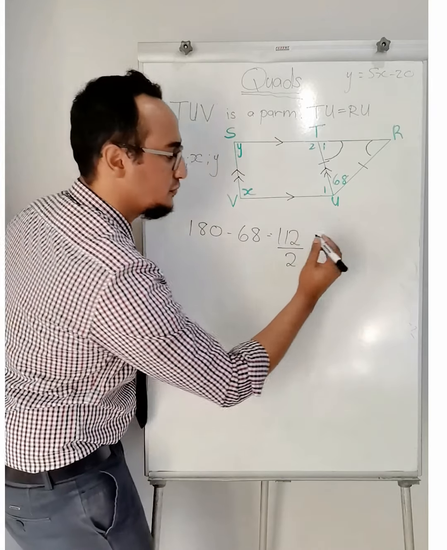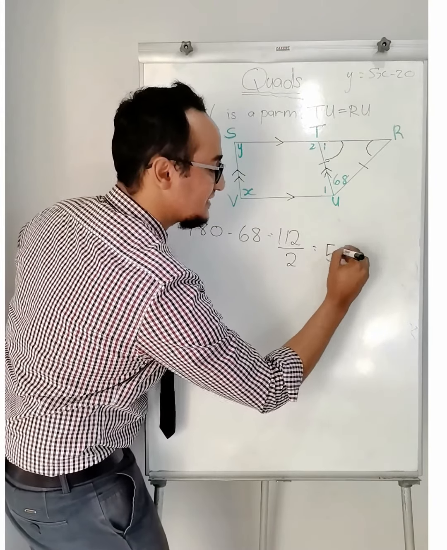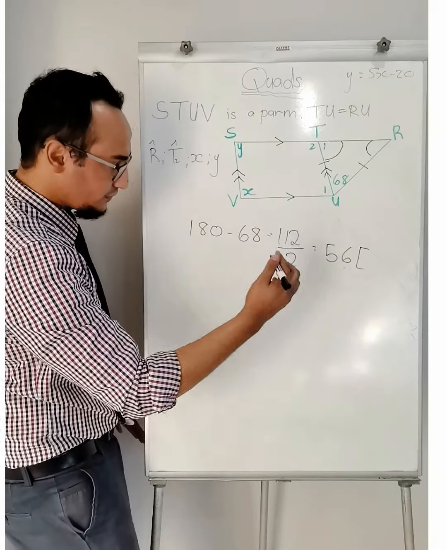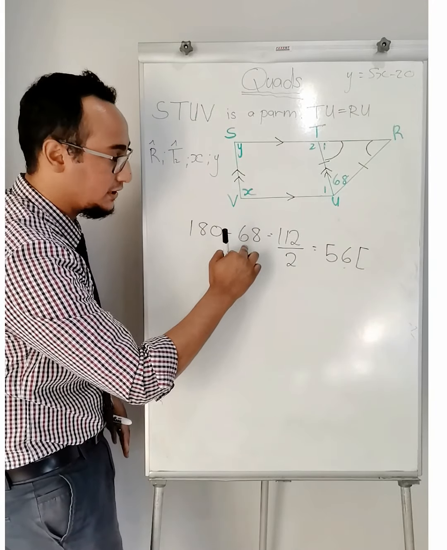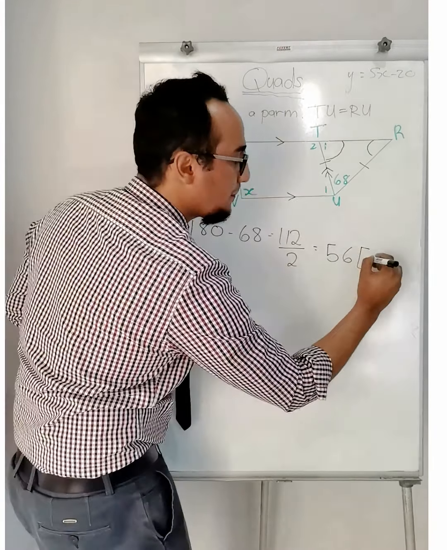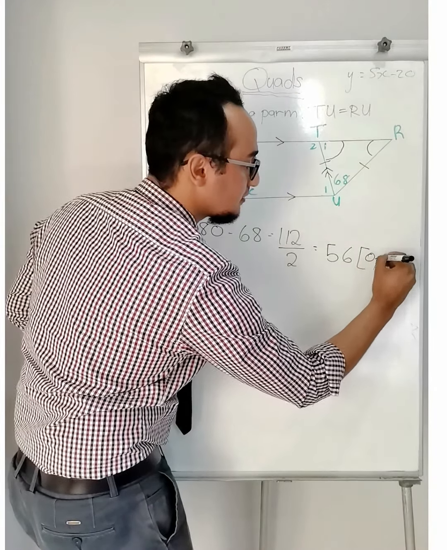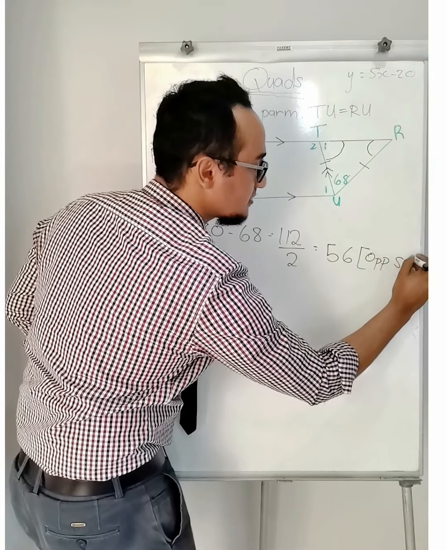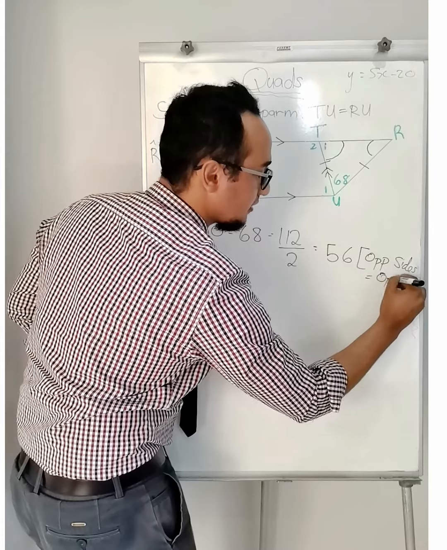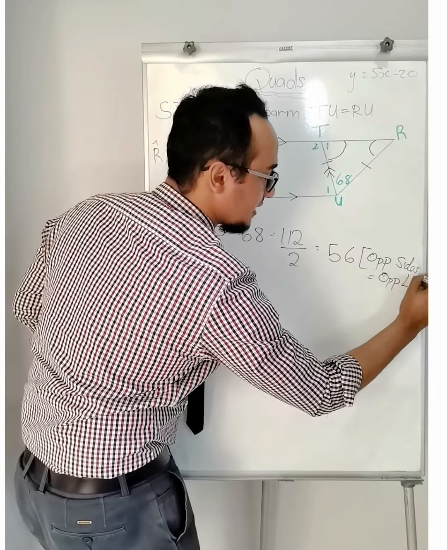112 divided by 2 is equal to 56 degrees, and my reason is firstly interior angles of a triangle, and the second part would be opposite sides equal, opposite angles equal, and that is our isosceles.